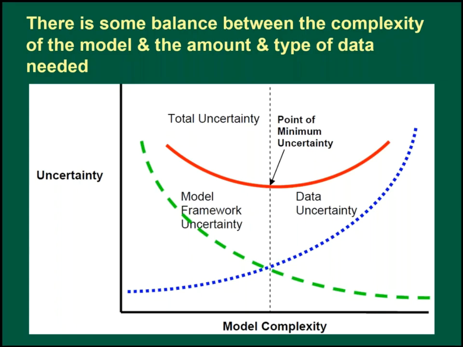The problem is, if you reduce the framework uncertainty by getting a more complex model, your data uncertainty goes way up. And so what we tried to aim for in SELDM is to get at that point of minimum uncertainty, so that by calculating the statistics for you and having a simpler model, we'd be able to give you good, robust answers without having to do a ton of work to get them in for you.